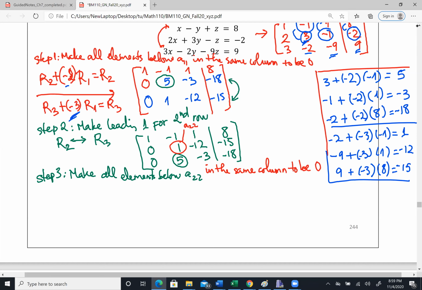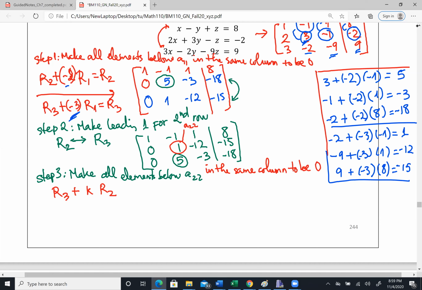So now what do I have? I will change R3, right? So I will add something, K multiplied by R2. At this step, you don't want to touch R1 at all because R1 is done.